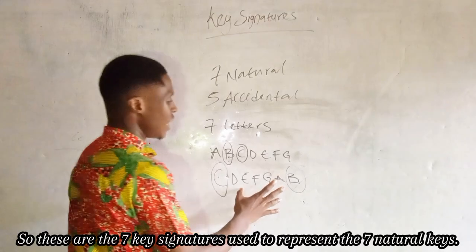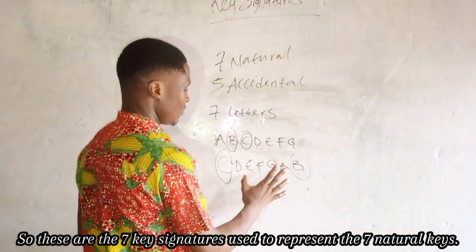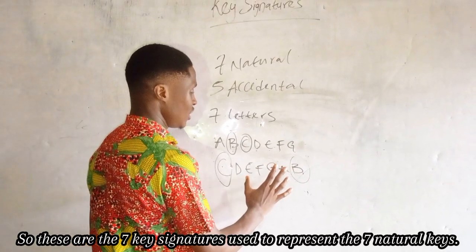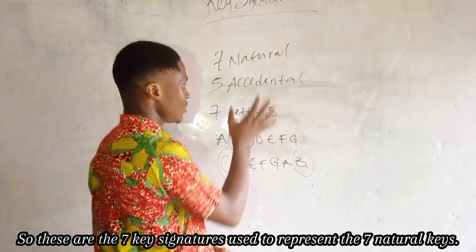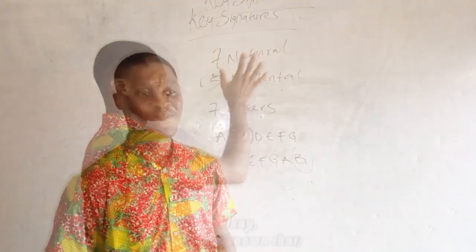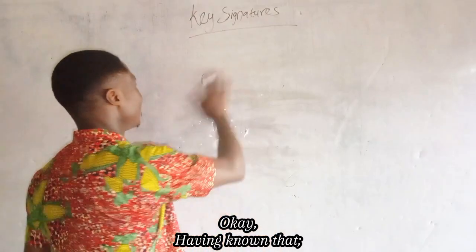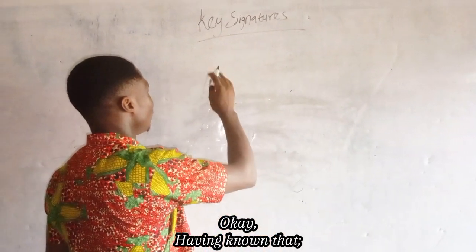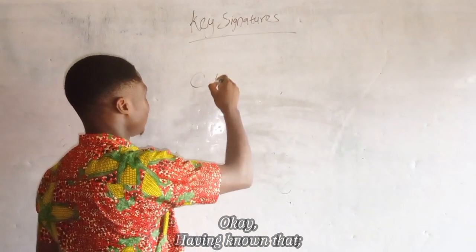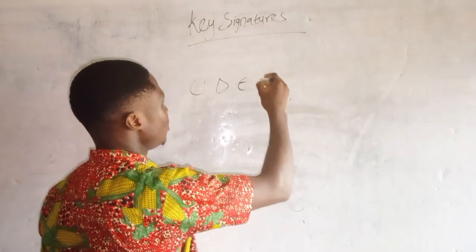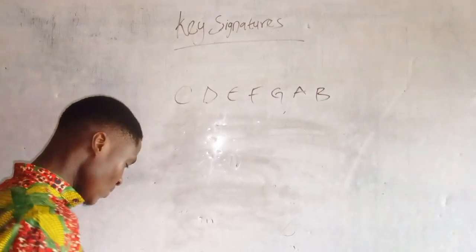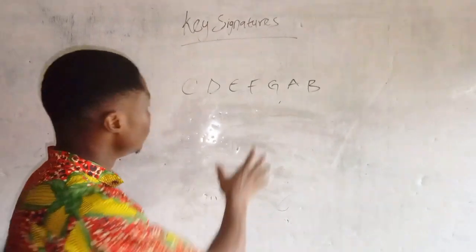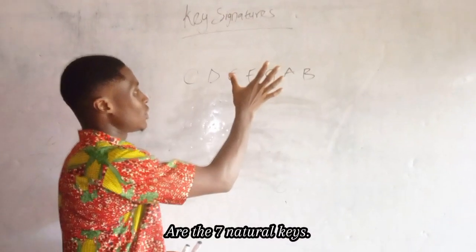So these are the 7 key signatures used to represent the 7 natural keys. Having known that C, D, E, F, G, A, B are the 7 natural keys.